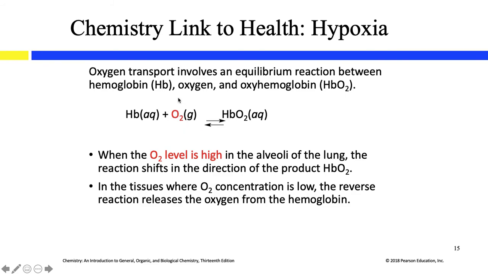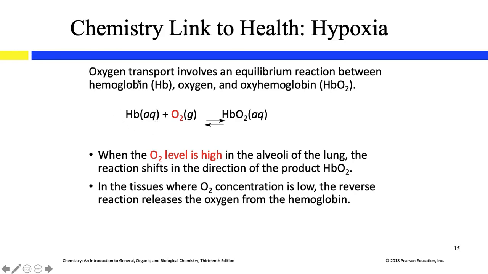So it's going to try to increase the amount of oxygen, the amount of reactant. The only way to do that is if oxyhemoglobin breaks down into hemoglobin and oxygen. And therefore, when oxyhemoglobin reaches tissues, it releases the oxygen from the hemoglobin and forms oxygen gas and hemoglobin so that we can use the oxygen in our tissue.